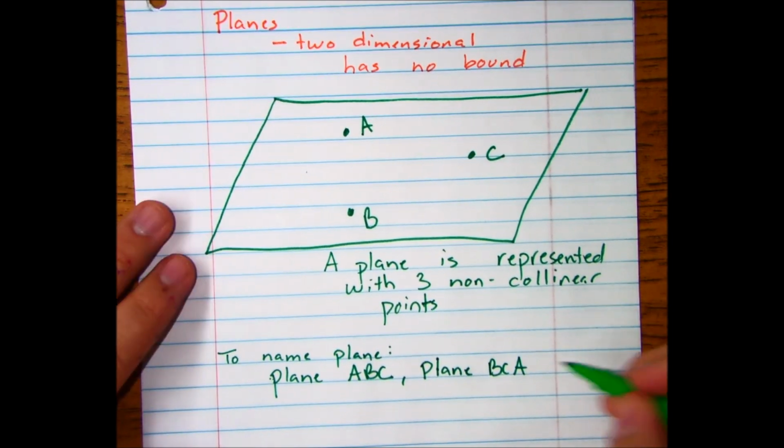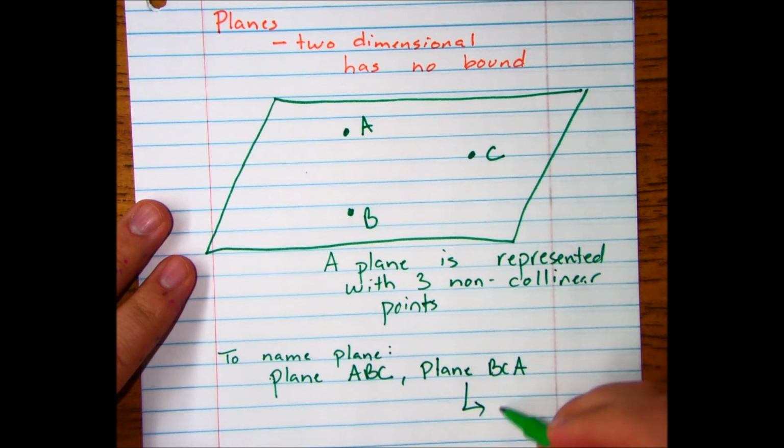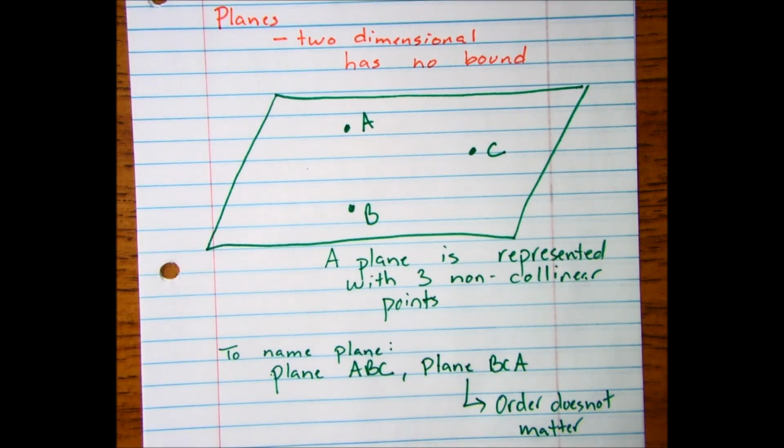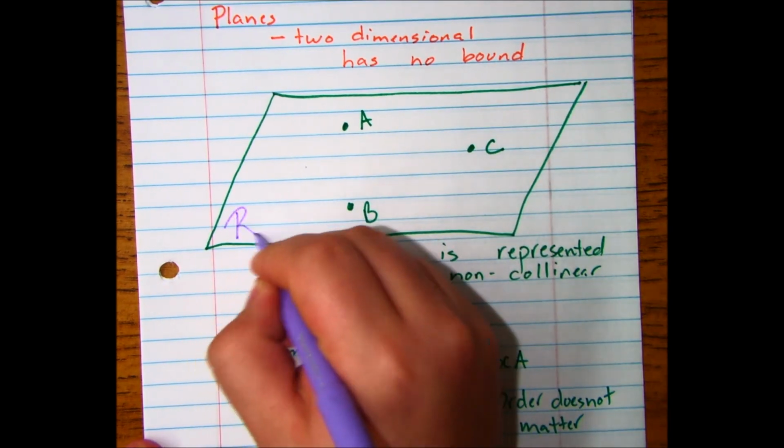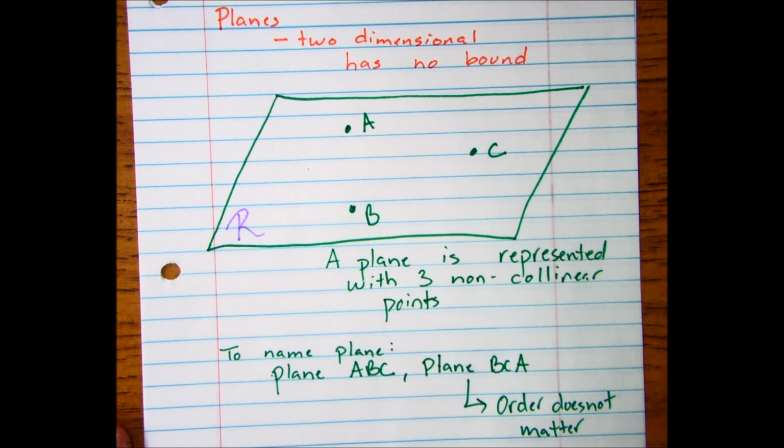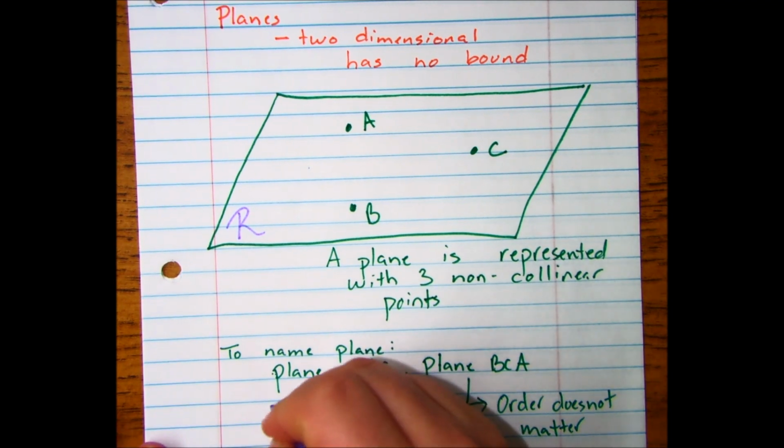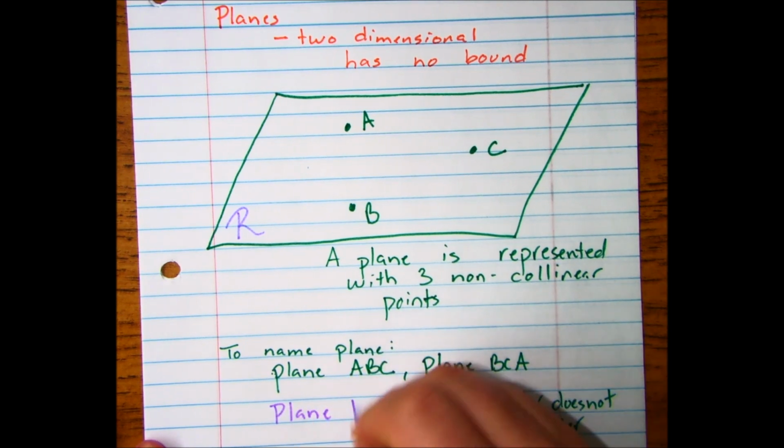And I just want you to note that order does not matter when it comes to naming a plane with the three non-collinear points. Now you can also name a plane with a fancy capital letter known as a scripted letter, and you can just simply name it plane R.